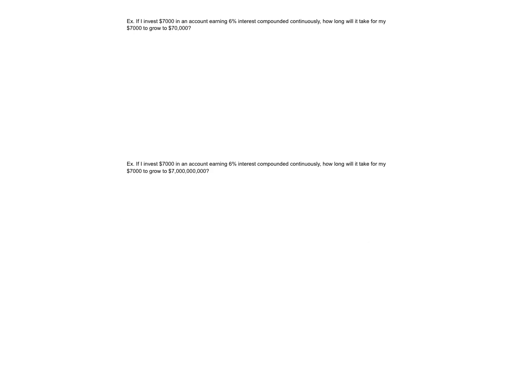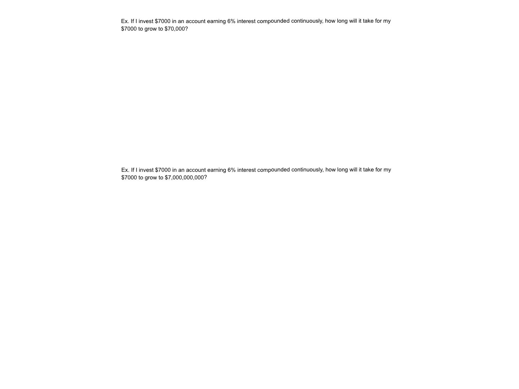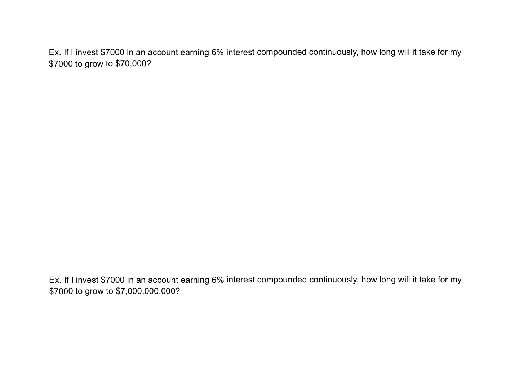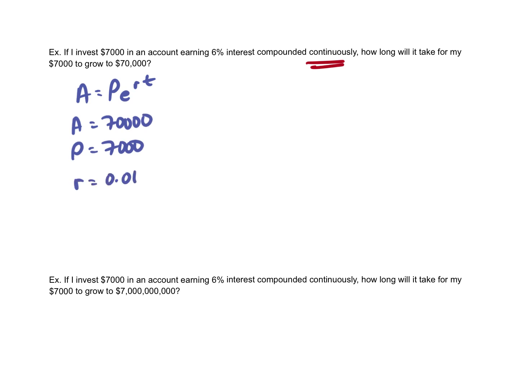Let's look at a couple other examples. So we have, if I invest $7,000 in an account earning 6% interest compounded continuously, how long to go from 7,000 to 70,000? So we've got another continuous problem, similar to the first one we did. A equals Pe^(rt). So I'm starting with $7,000, and I'd like it to grow to $70,000 in an account earning 6% interest, and we want to know how long that takes.